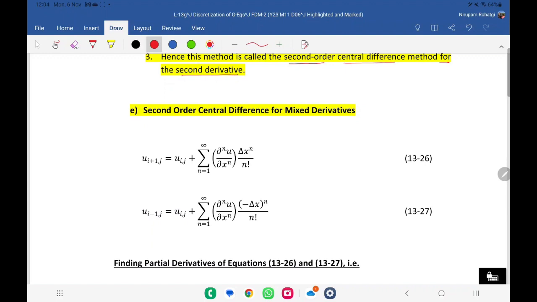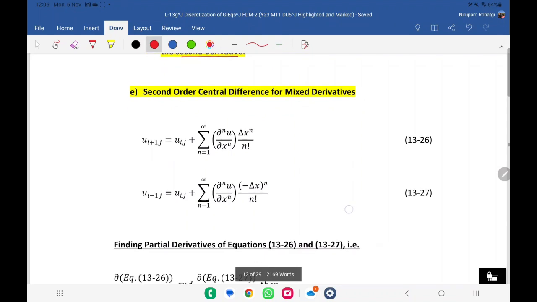Then there is something called mixed derivative. Okay? Mixed derivative also you can calculate, and the mixed derivative means what we are talking about, del square u by del x del y.